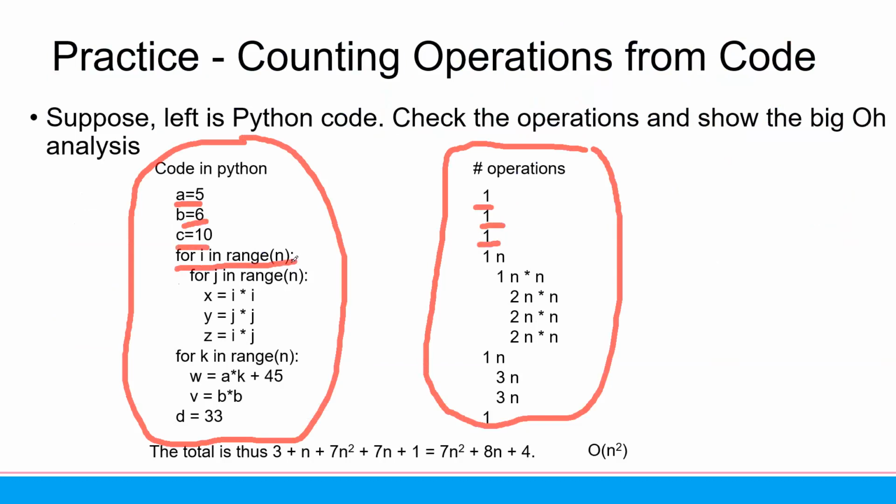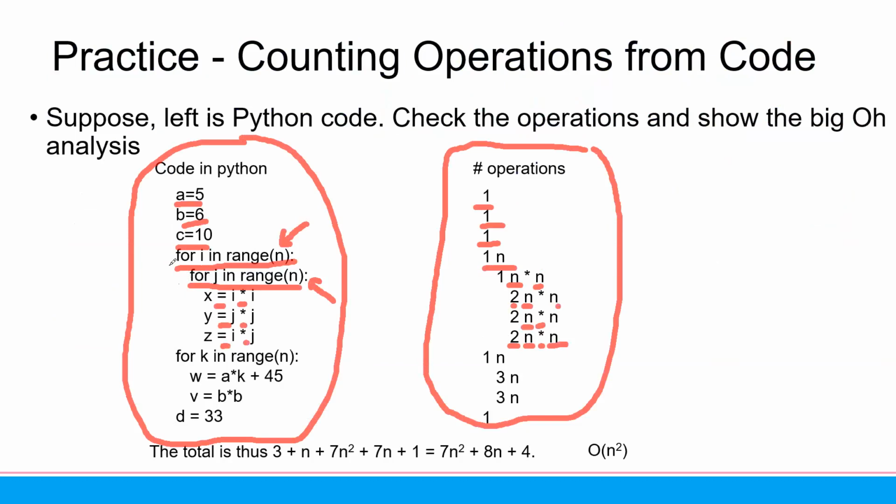For i in range 1 to n, this is n times. We have another for loop, so we have n from the first for loop multiplied by n from the second for loop. And then here we have 1 and 2, so 2 operations. So it will be 2 multiplied by n multiplied by n. We have 2 operations, 2 multiplied by n by n. And then we have also 2 operations, 2n multiplied by n.